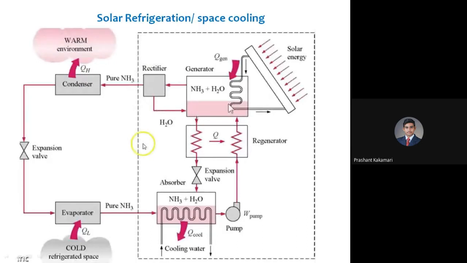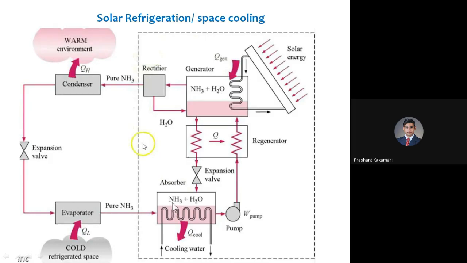So whatever heat is again passed through this regenerator, the recollected water from the rectifier will be coming back to the regenerator, and with the expansion valve to cool it, it will again come back to this absorbing chamber. Okay, so this is the water cycle.